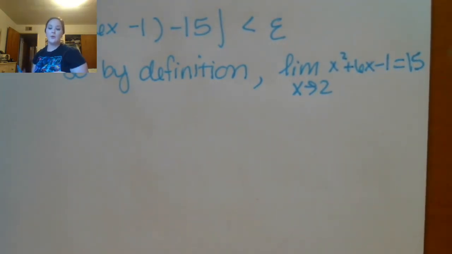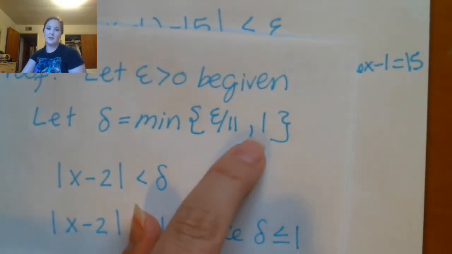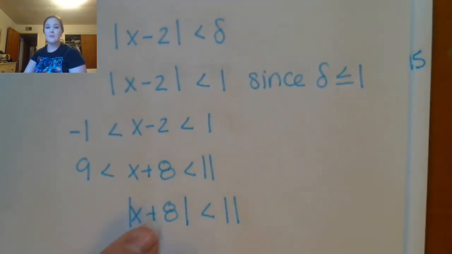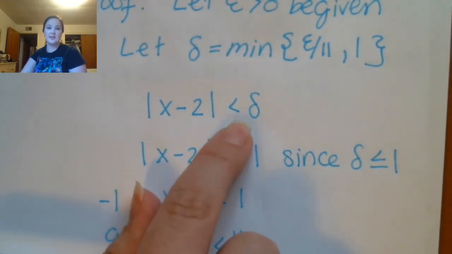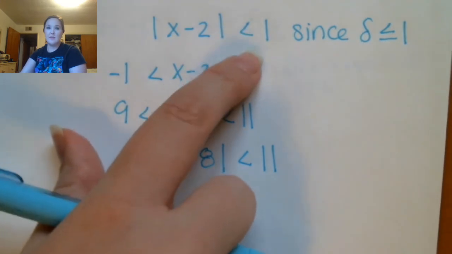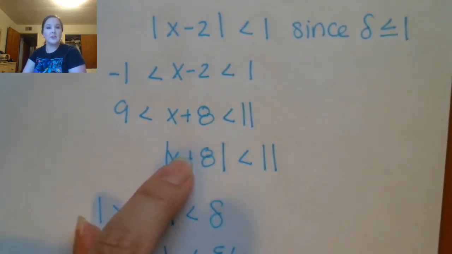Just to review, we used this same trick of saying that delta has to be less than 1 to let us get some type of bound for the other factor, right? Because we already know a way to keep this less than delta, which is related to epsilon, but we really have to use this idea of it being less than 1 to tell us something about this other factor.